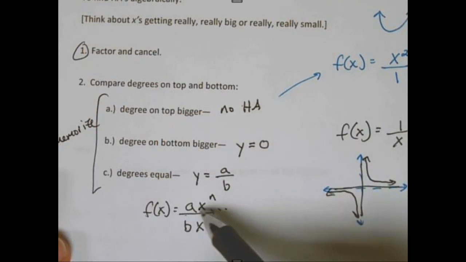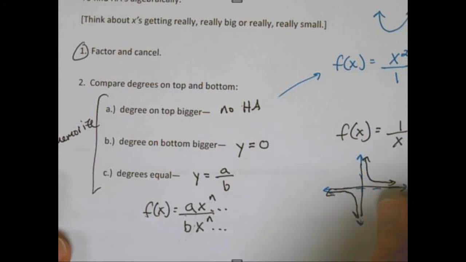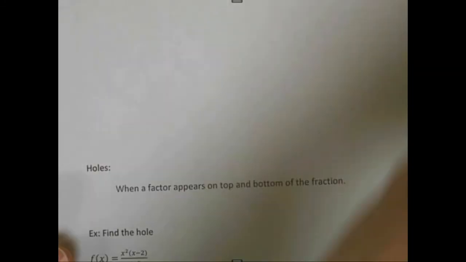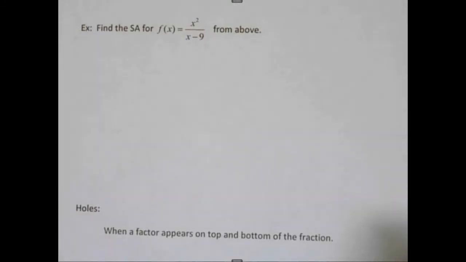Then you take the leading coefficients and divide them, and whatever you get is the horizontal asymptote. And we'll do this so it makes sense.